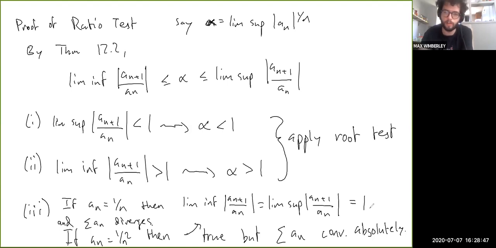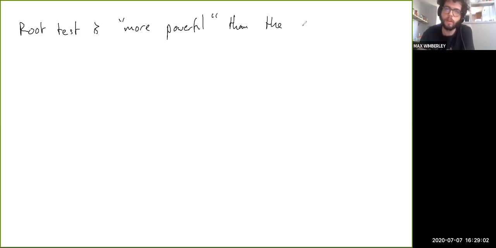So, for an example of that, the root test is more powerful than the ratio test.